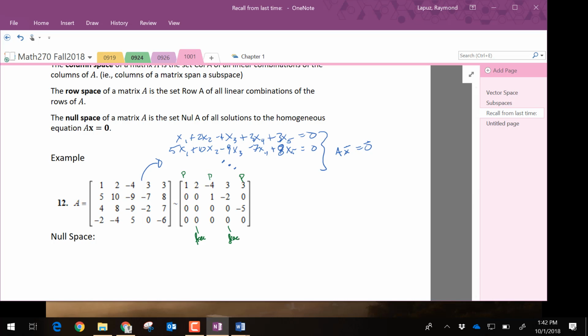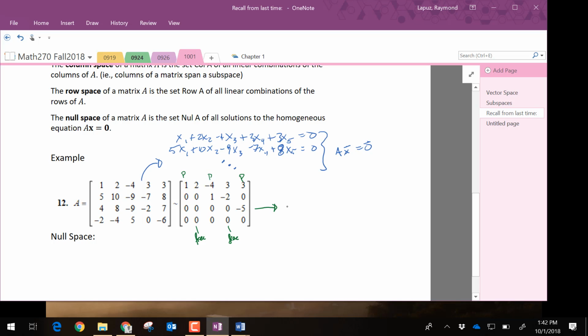Anyways. All right, so we have pivot columns, and then we can define our free variables. So it looks like x2 and x4 are free. And then we have a pivot in x1, x3, and x5, or in the first, third, and fifth columns. So we're interested in writing the solutions for this. We can just back solve, right? Assuming that there's another column full of zeros, we're going to get our back solving going here.